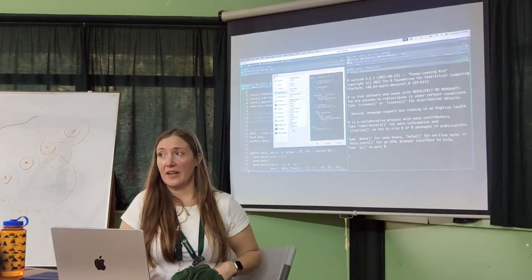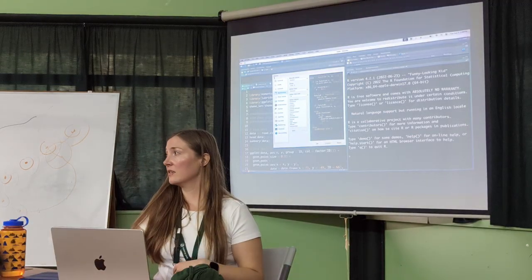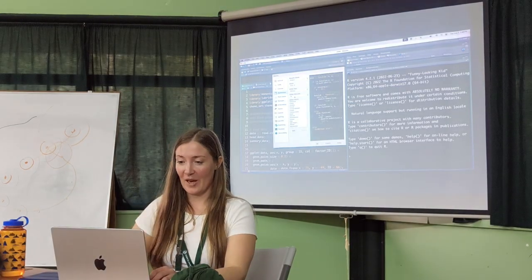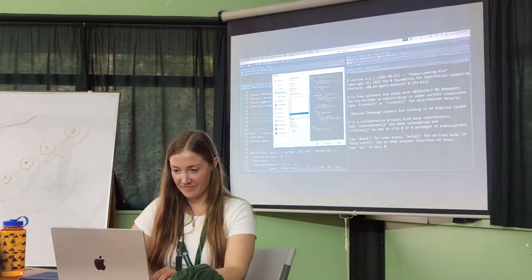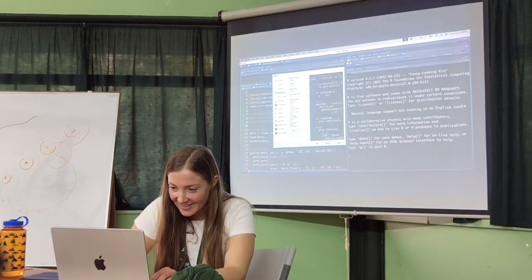Is that big enough? I could make it bigger if people at the back still can't see it. Can I only go from 18 to 24? Is there nowhere to type it in?